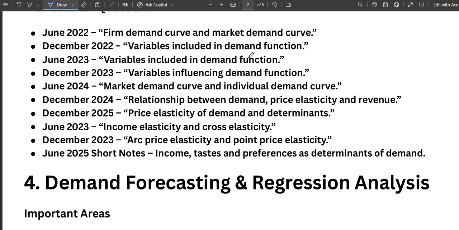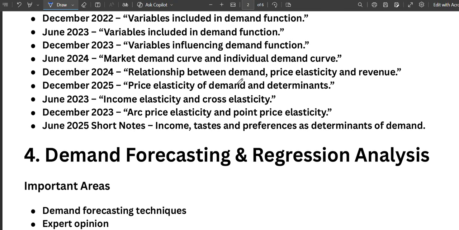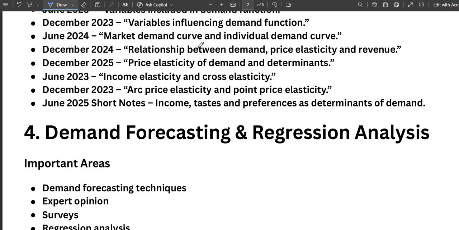Make sure that you learn what the demand function is, and what the variables included or influencing it are. Learn the demand function and the demand curve, also the market demand curve. Again, here it is asked what a market demand curve and an individual demand curve are, and the relationship between demand, prices, elasticity, and revenue.